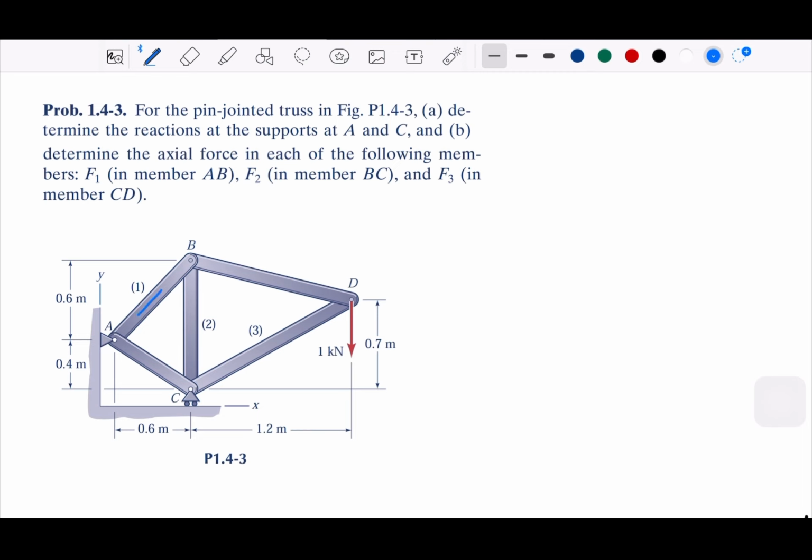AB can be like that, and the axial force. Member BC, maybe here, and then member CD, maybe here.